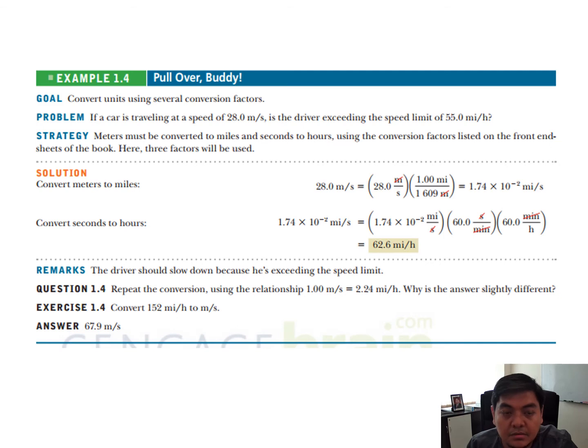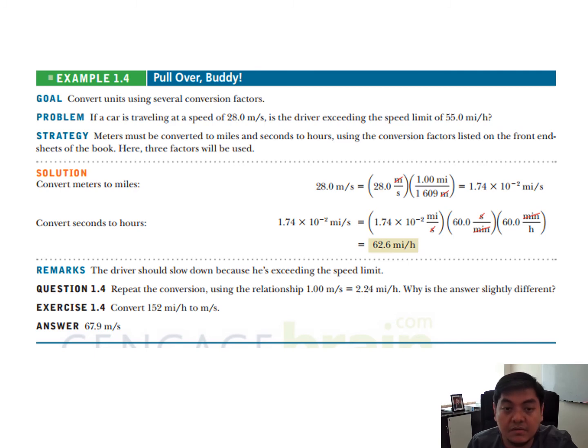Okay, so let's look at the examples here. If a car is traveling at a speed of 28 meters per second, is the driver exceeding the speed limit of 55 miles per hour? The question asks whether the driver already exceeds the 55 miles per hour or not.